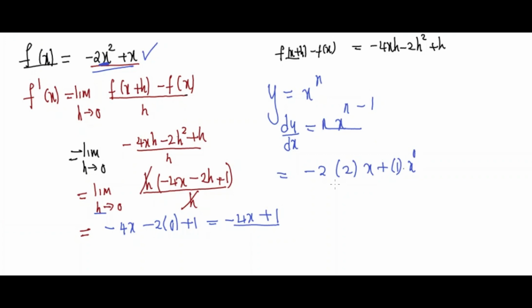So negative 2 times positive 2 is minus 4x, and 1 times x to the power of 0 is 1. So we can see that here we have the same answer. So it's confirming that this answer here is the first derivative for this function.